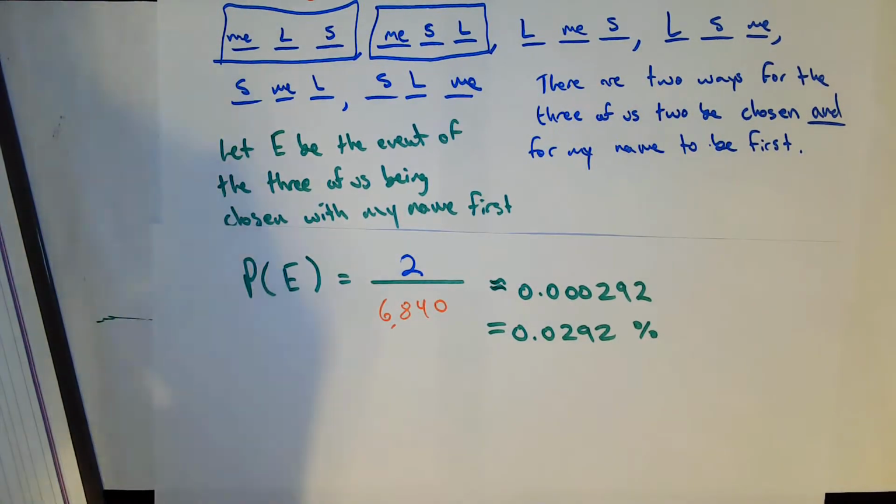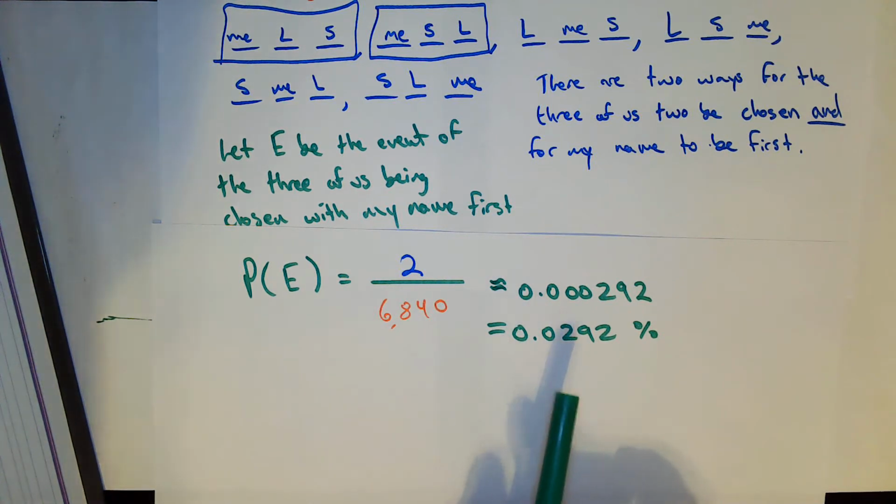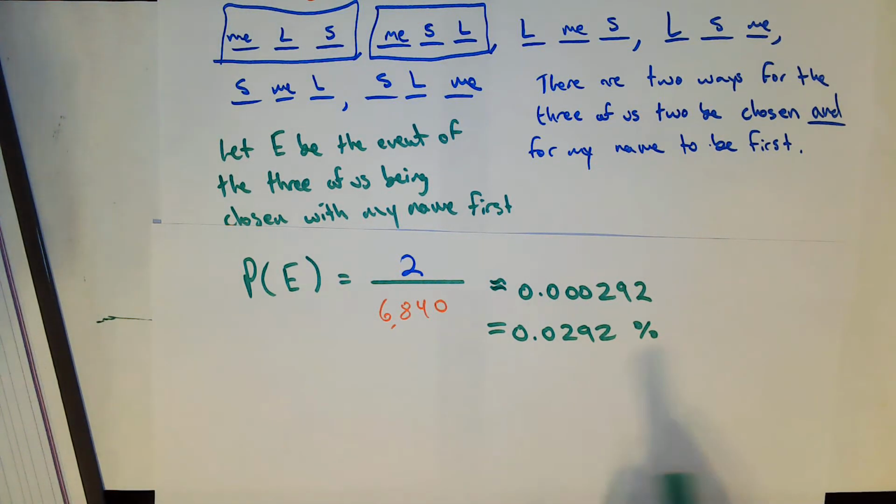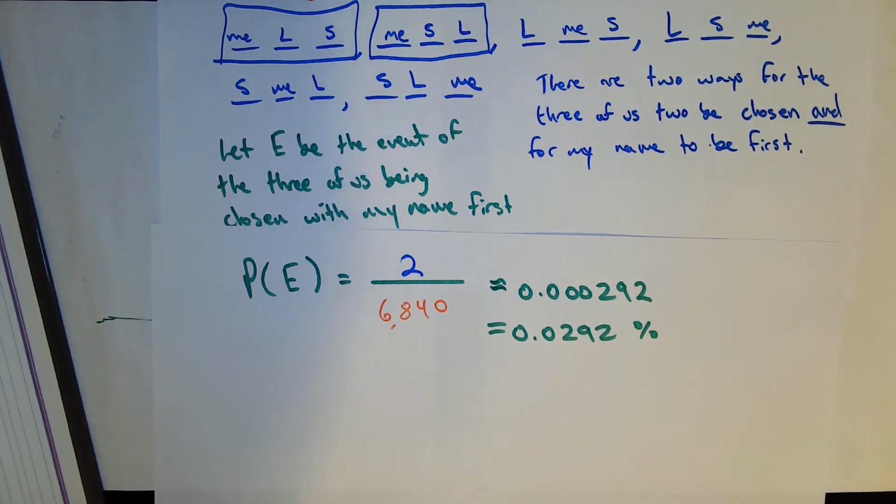So an even lower chance, because if you recall, the last one was like 0.087%, and this is 0.029%. So of course we expect this to be an even lower chance here. Cool. I should say in any case, these are both extremely unlikely.